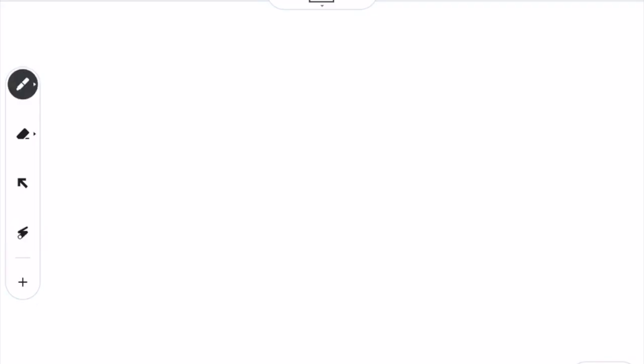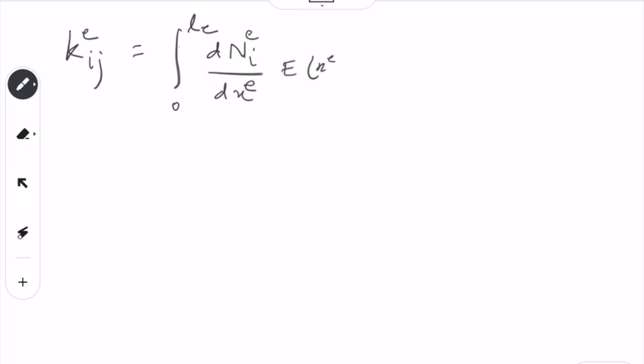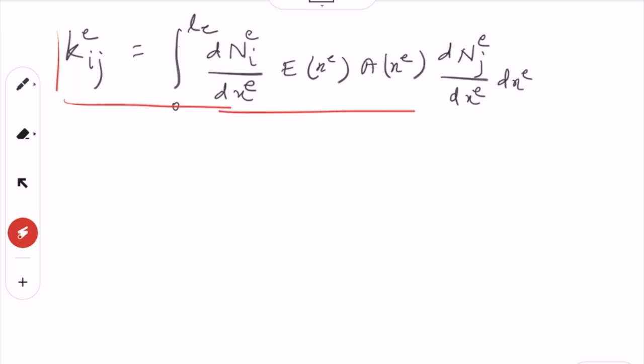So, we can write K E I J equal to the integral from 0 to L E of d N I E over d x E times E of x E, times A of x E, times d N j E over d x E, times d x E. So, this is how K I J we can find out.